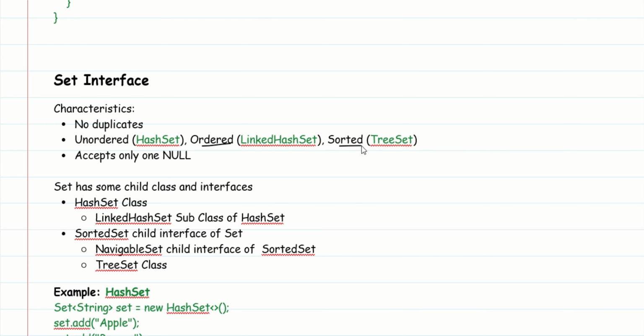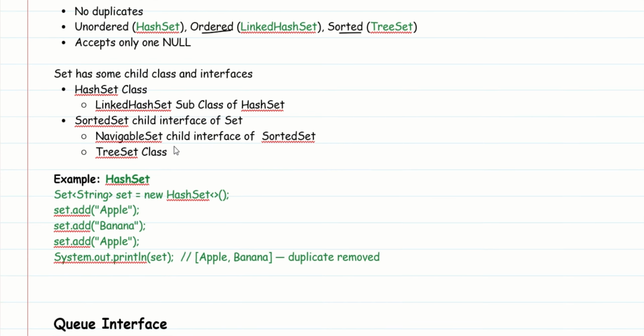Again, HashSet is unordered. Set has a child class that is HashSet, which is shown above, and LinkedHashSet is a subclass of HashSet. Then SortedSet, NavigableSet, and TreeSet are subclasses of SortedSet.